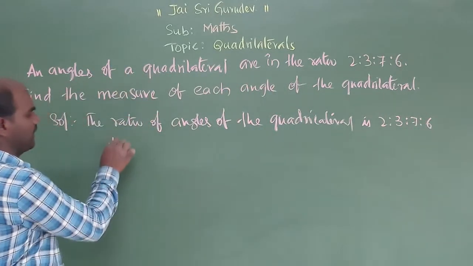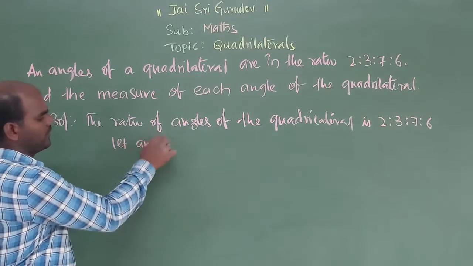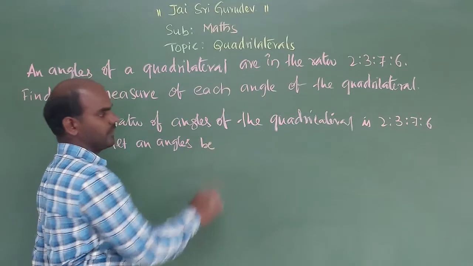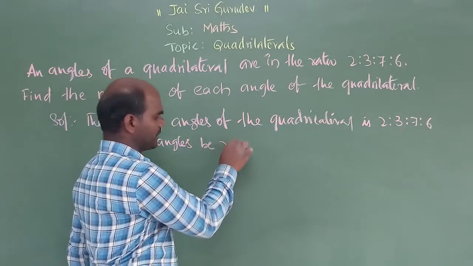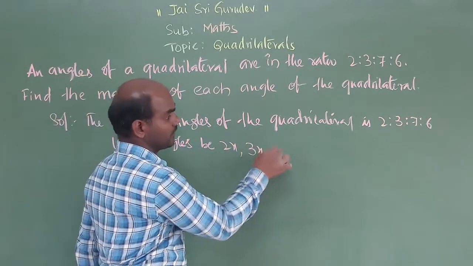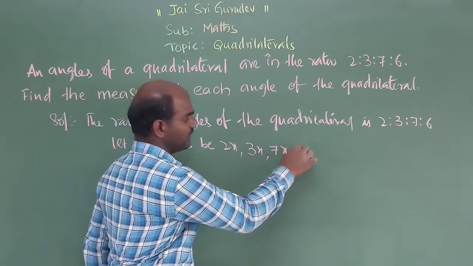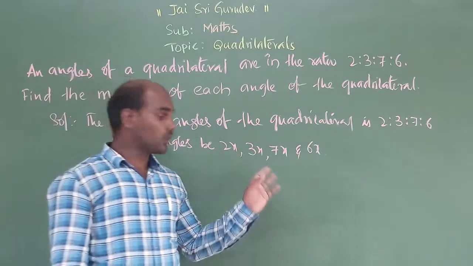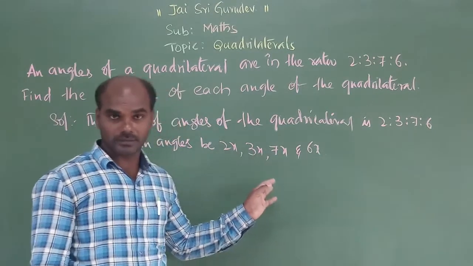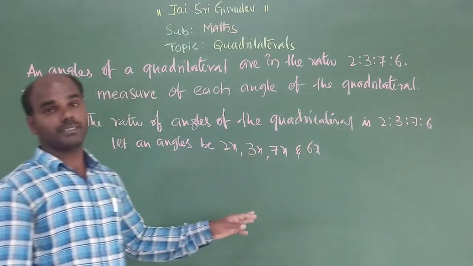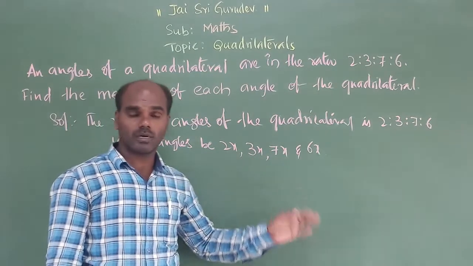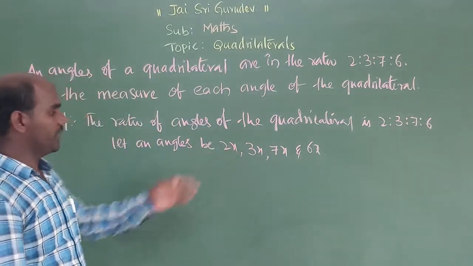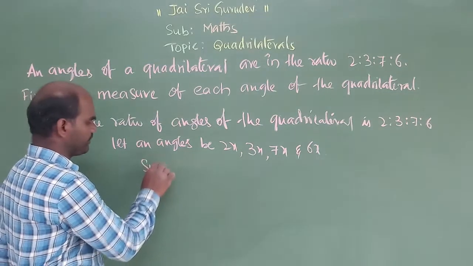Okay, so let the angles be 2x, 3x, 7x and 6x. We took the unknown variable as x. Then after this, the sum of the four angles of the quadrilateral is how many degrees, children? 360 degrees, no? Yes.